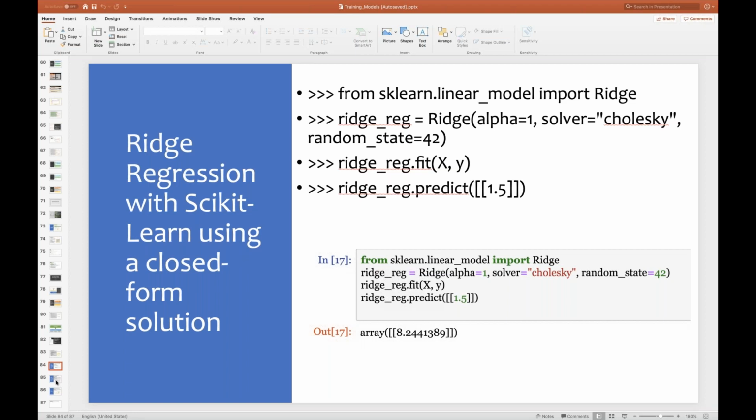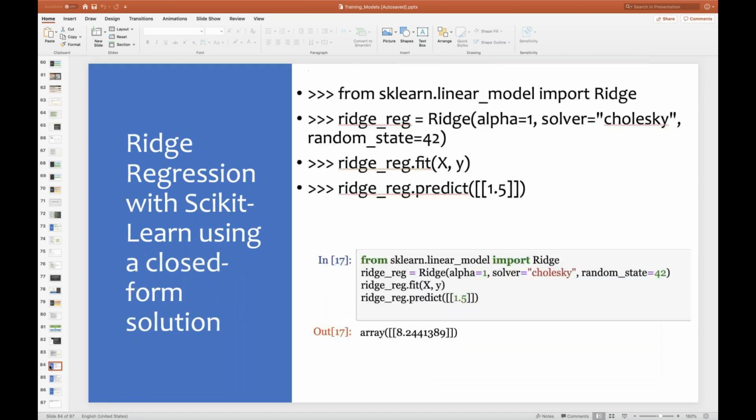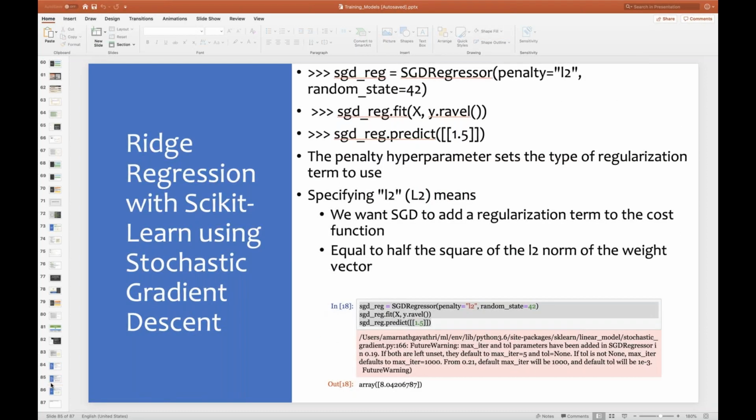Okay, perfect. Now, here I'm using ridge regression with scikit-learn using stochastic gradient descent. Here I have not used the closed form, I am using stochastic gradient descent. So I have to use SGDRegressor, and I'm using penalty equal to l2. L2 is again regularization, and L2 relates to RMSE. Random state is equal to 42.